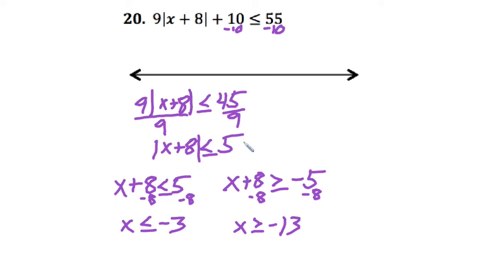Now I'm going to show them up on the number line to see whether they're conjoint or disjoint. I'm going to put my negative 13 about here and my negative 3 about here. X is less than or equal to negative 3, so solid dot and it's going this way. X is more than or equal to negative 13, so solid dot and it's going this way.